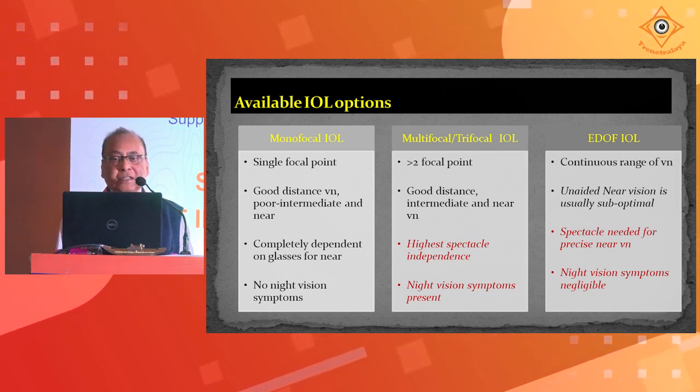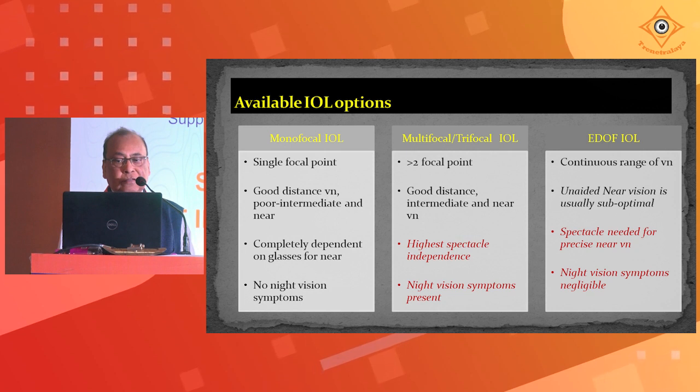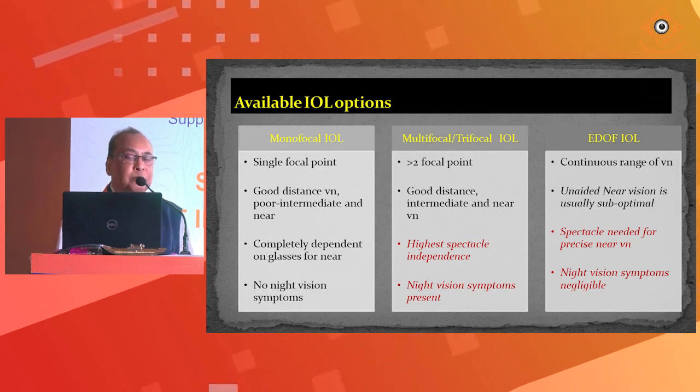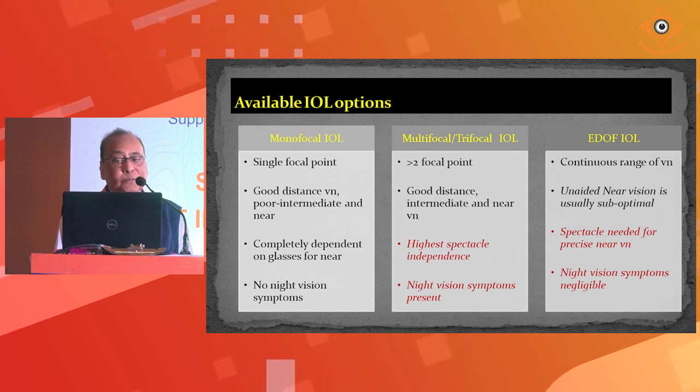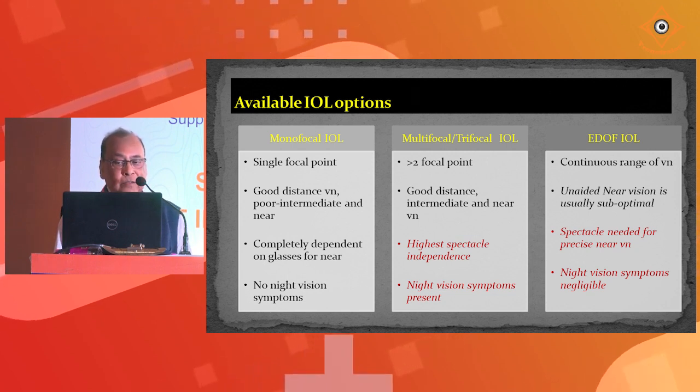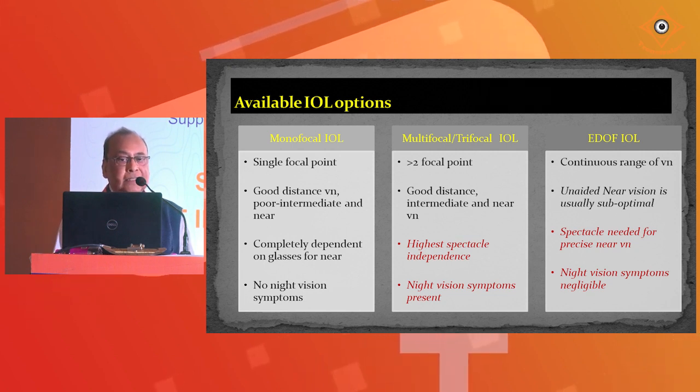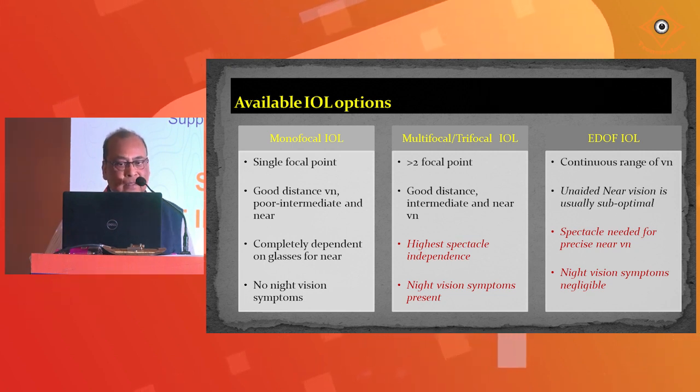The ADOF lenses gives you a continuous range of vision. Unaided near vision is usually subnormal in comparison to the multifocals. Spectacles are needed especially for fine prints, and night vision symptoms are negligible, less in comparison to the multifocals.